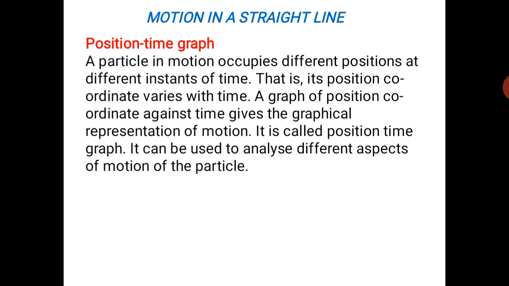That is, its position coordinate varies with time. A graph of position coordinate against time gives the graphical representation of motion. It is called the position-time graph. It can be used to analyze different aspects of the motion of a particle.